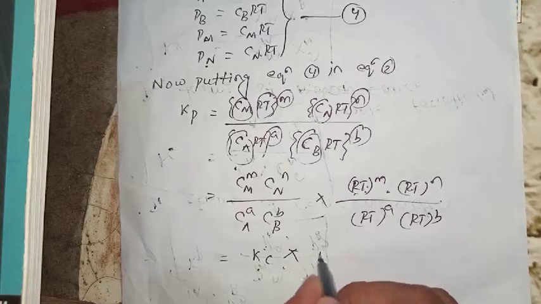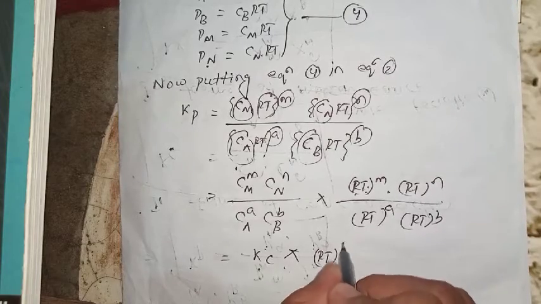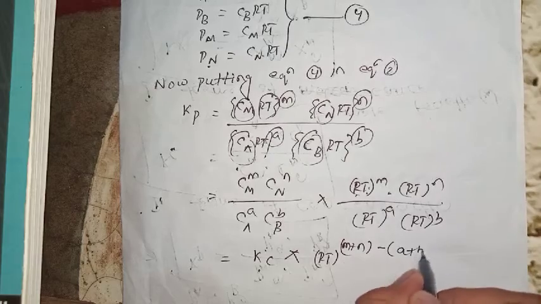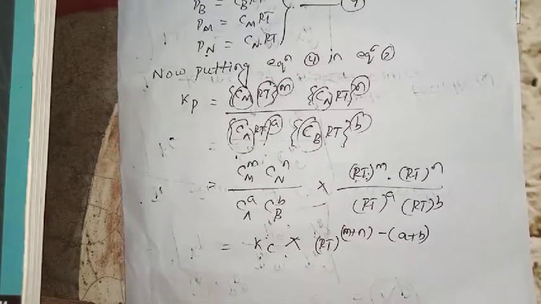So this is equal to RT to the power m plus n minus a plus b. We will take this as RT to the power delta n. So Kp is equal to Kc into RT to the power delta n. This is the relation between Kp and Kc.